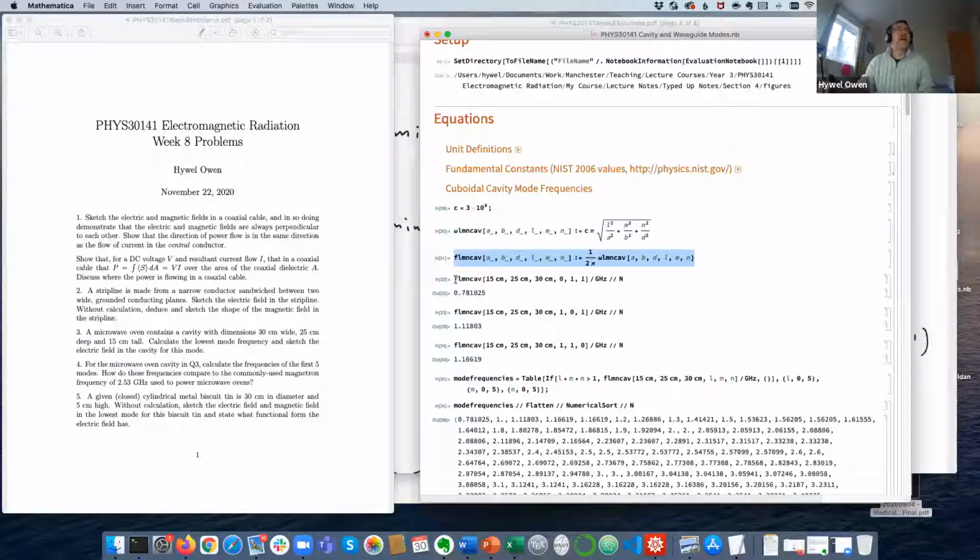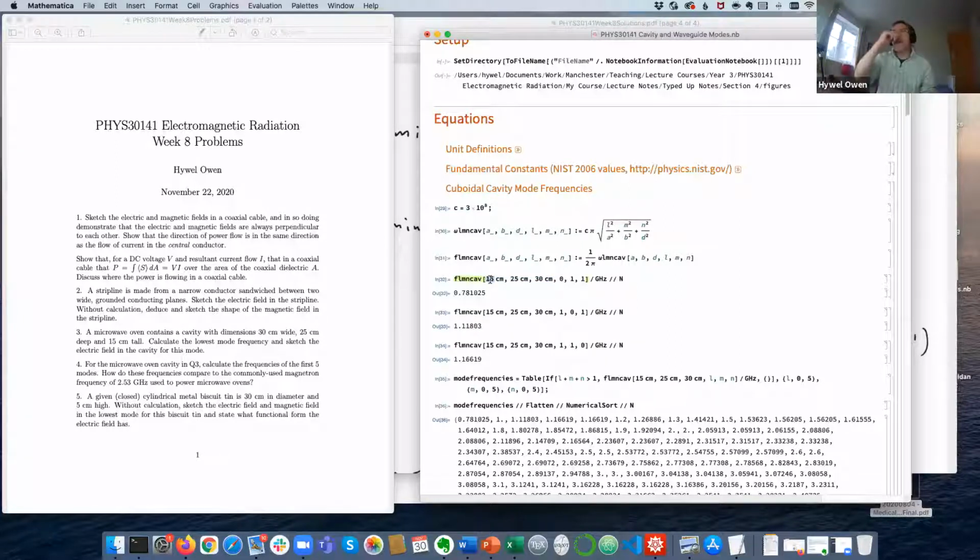And you can see I can explicitly calculate the frequencies of each mode. So these are the mode numbers here, 0, 1, 1, and these are the dimensions of the cavity.